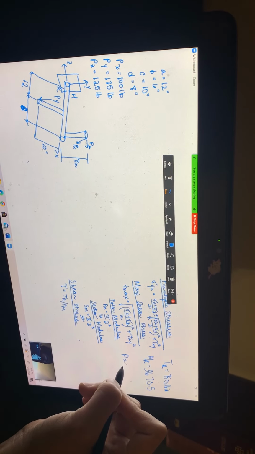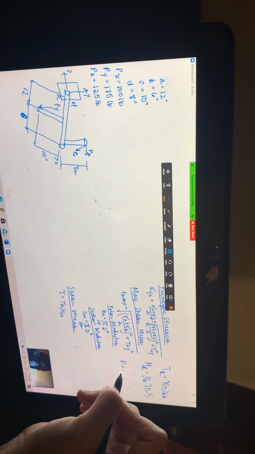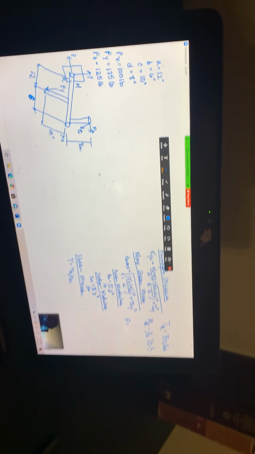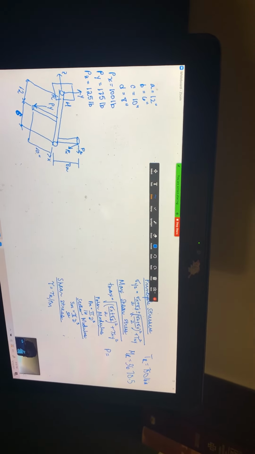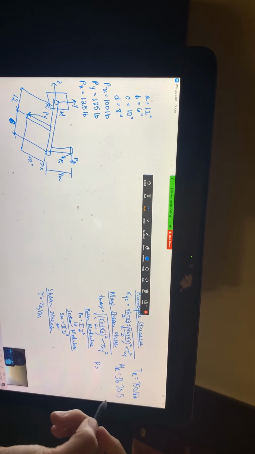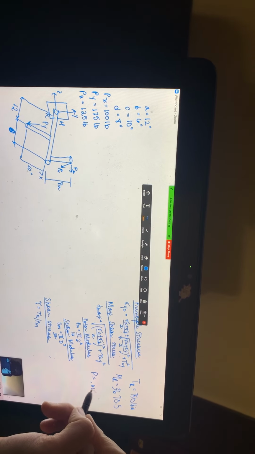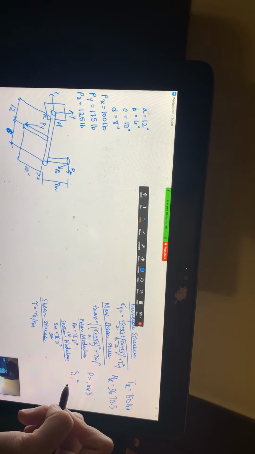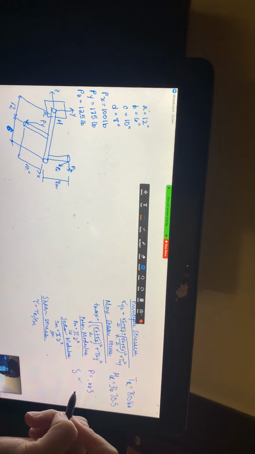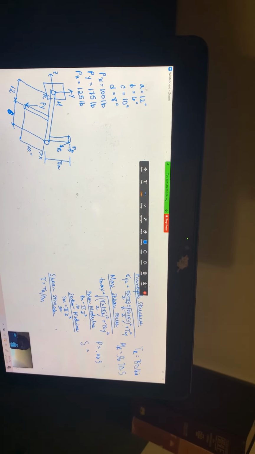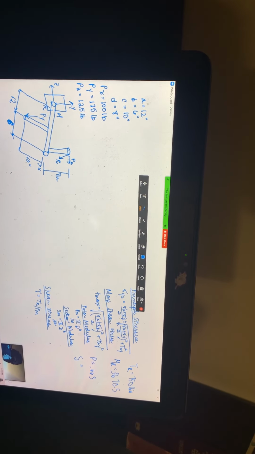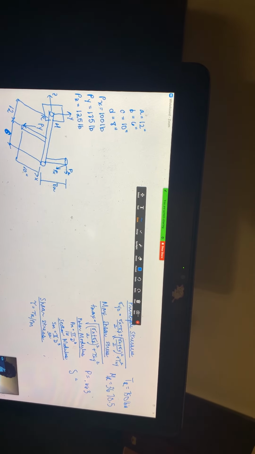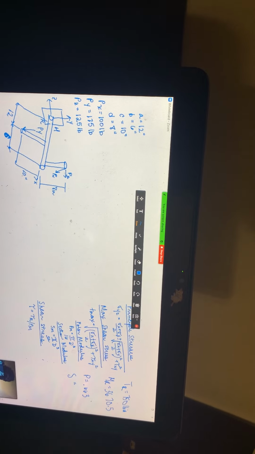So polar modulus is equal to, let me do this really quick, 0.663. The section modulus is equal to, so the diameter is 1.5 cubed times pi divided by 32, 0.33.